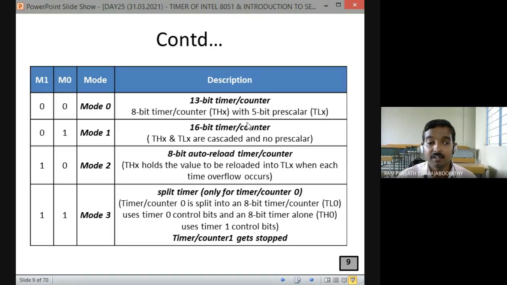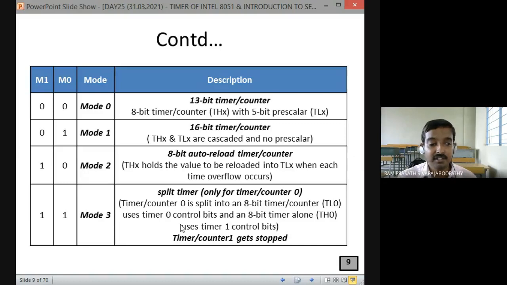Because on timer overflow, in mode 0, mode 1 or mode 3, we have to load the count value again into the timer register. But in mode 2, there is no need to do that. It is auto reload. Whenever timer overflow occurs, the count value you have put is reloaded again. That's why it is termed an auto reload timer/counter.